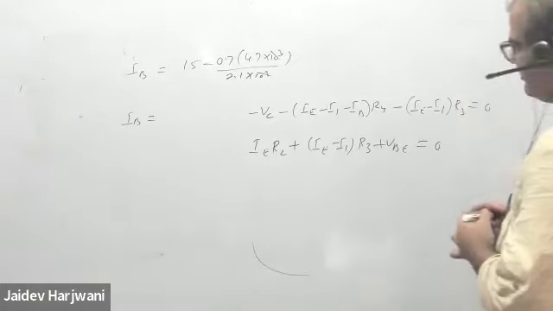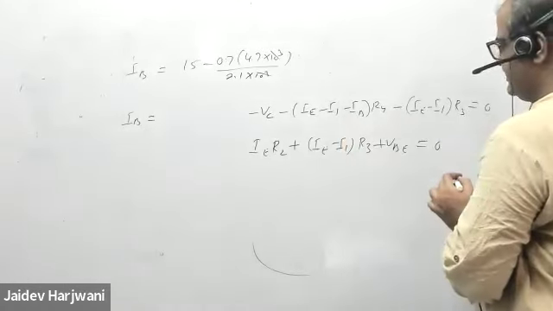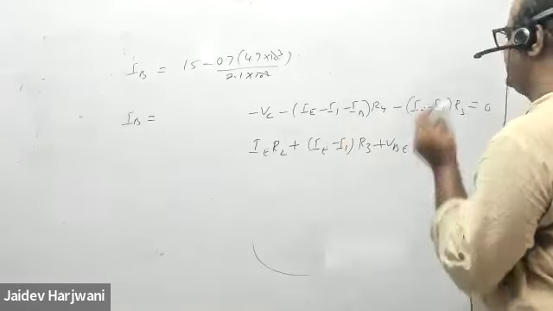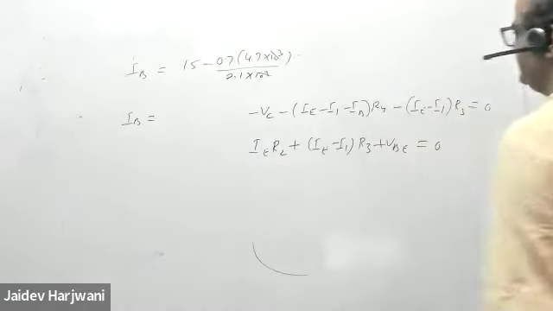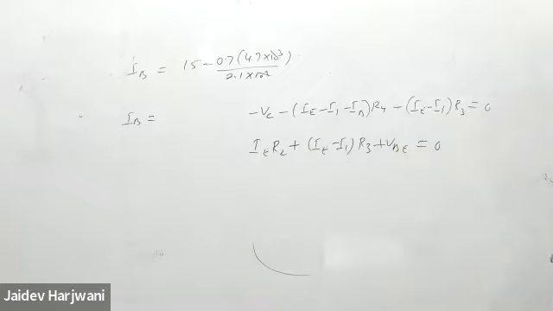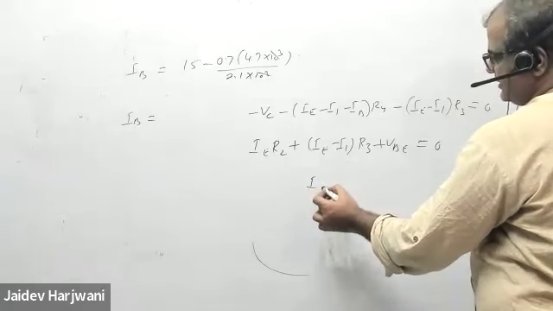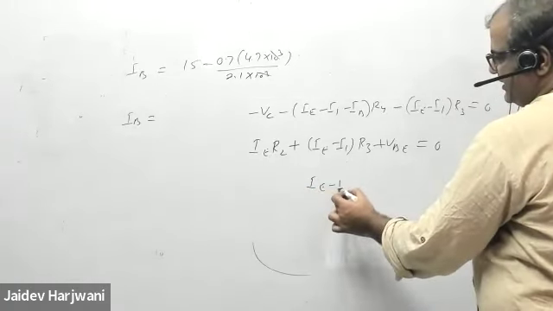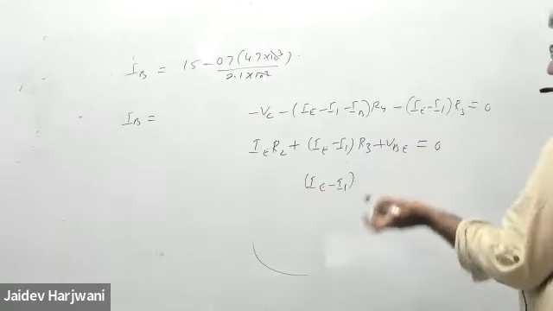Can we do it some other way? If I say I minus IB, IC. This is also IC. So what I did like this: I put I minus I1, and you can put VB also 0 because it's an approximate answer.